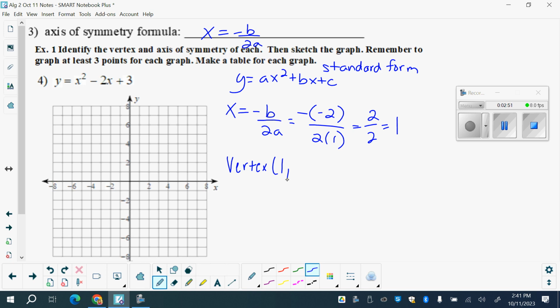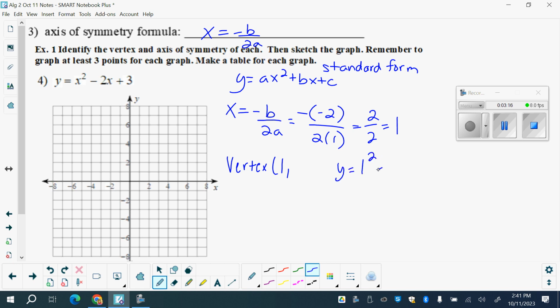And then anybody remember how we would find our y value of our vertex? I know it's been a bit. Nice, it's algebra 1. We're going to use the equation somehow. Yeah, we're going to plug it into the equation. So we have this 1, we're going to substitute it in for the x value.